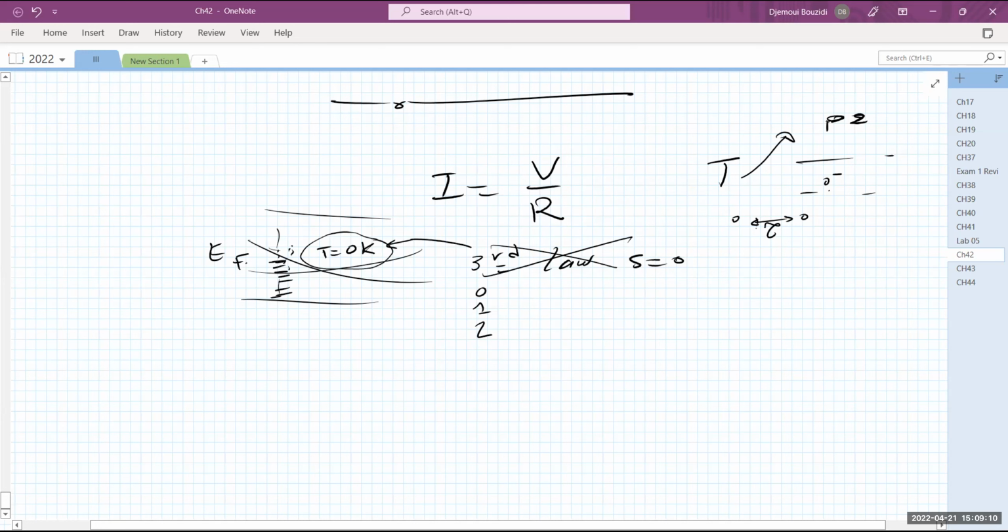As a matter of fact, for normal conductors, the resistance will go higher with the increase in temperature, which results in currents being lower, as you have duly seen in physics too. Make sense? Yes. Okay, very good.